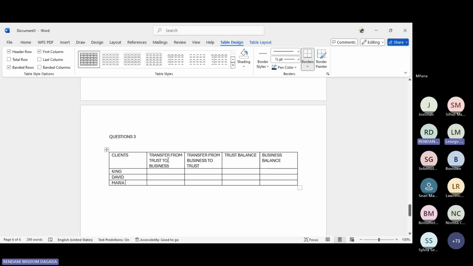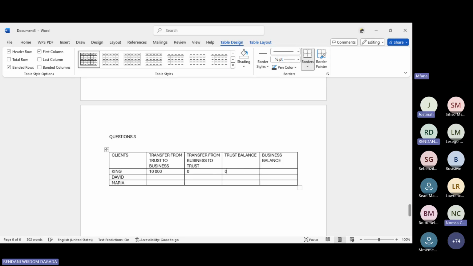So transfer from trust to business. How much are we going to transfer from the business to the trust? From the business? Nothing. No. Transfer from trust to business. It's 10,000. And from business to trust? Zero. And what is King's new balance?